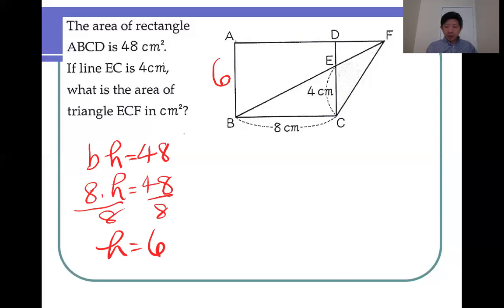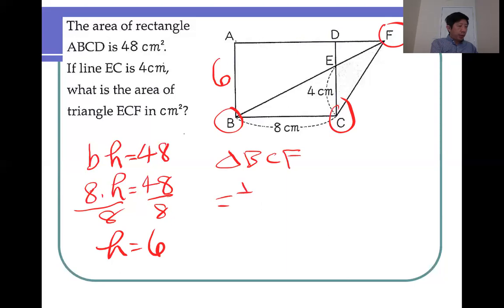And next, we want to find out triangle BCF. Can we find the area of triangle BCF? Yes. Triangle BCF is equal to 1/2 base times the height, which is equal to 24.